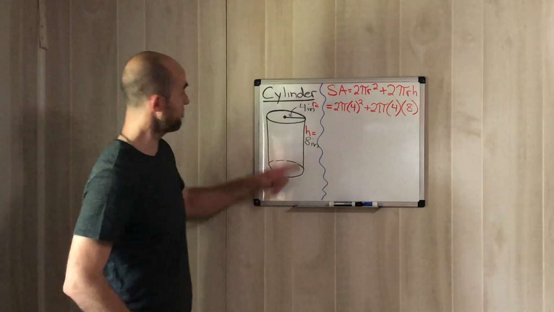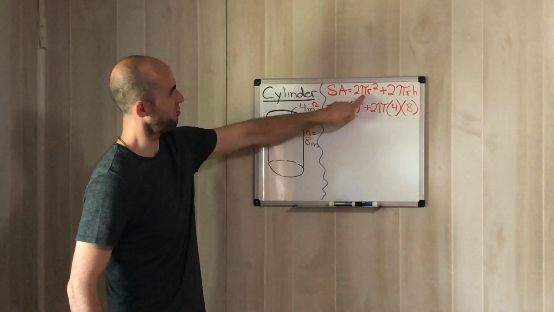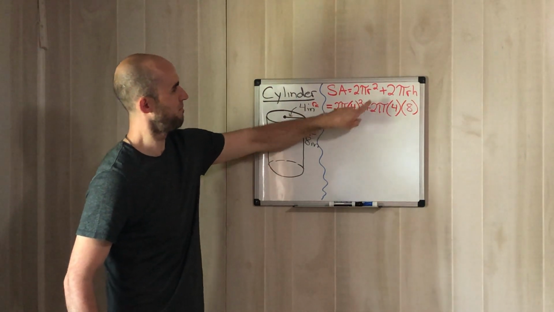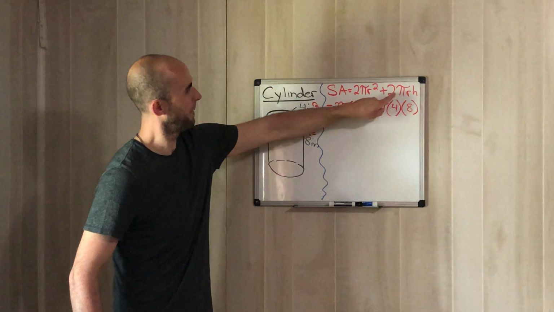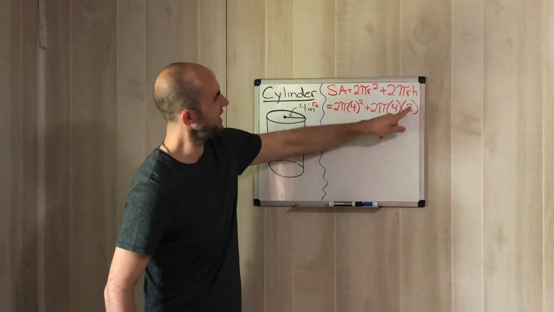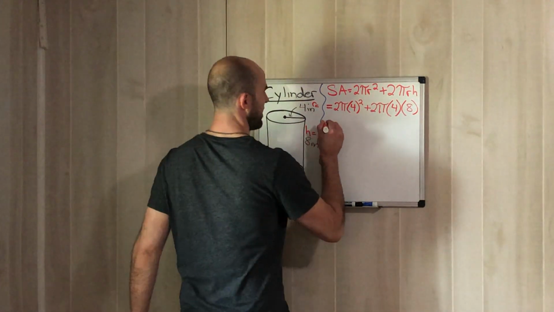And all we did so far was just substitute, right? We had 2 pi, 4 squared, plus 2 pi, the radius again is 4, and the height is 8. So all we did was just substitute the radius and the height.